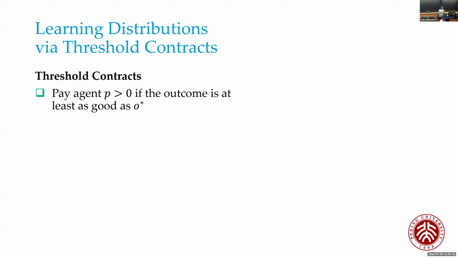And the second part, how can we learn the distributions with threshold contracts? And interestingly, threshold contracts are exactly what the former talk speaker talked about, the quota bonus contracts. So basically, a threshold contract just will pay the agent P only if the outcome is at least as good as P star.